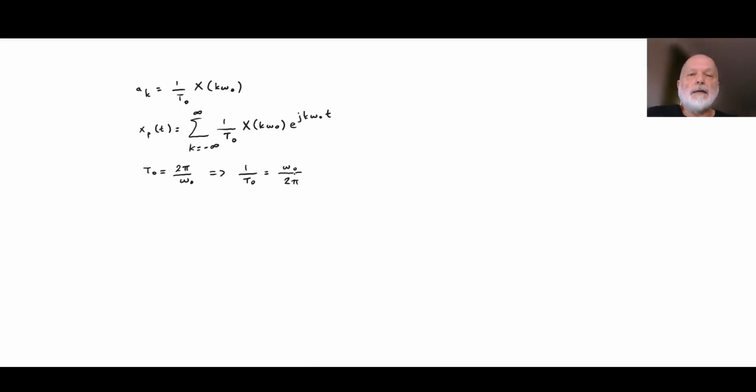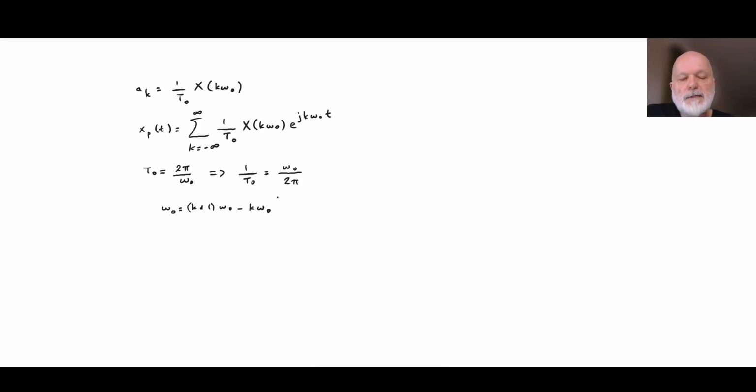At the same time, we know that omega 0 is equal to (k plus 1) omega 0 minus k omega 0.